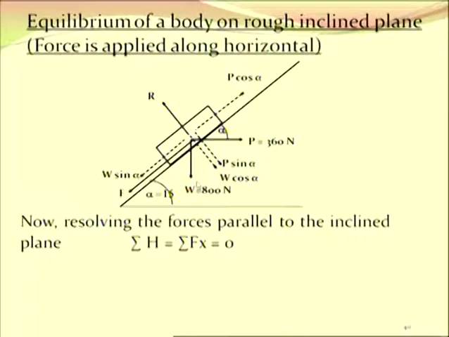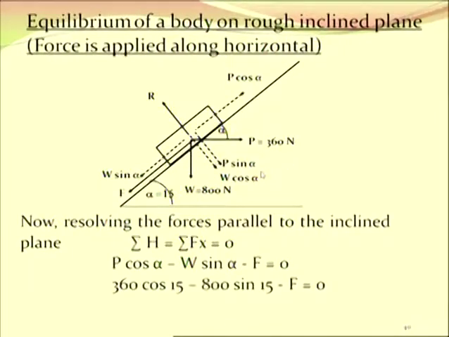Now resolving the forces parallel to the inclined plane. So parallel to the inclined plane we have P cos alpha, W sin alpha, and F, among which P cos alpha is towards the positive direction of X, W sin alpha and F both are toward the negative direction of X. So we can get the equation as P cos alpha minus W sin alpha minus F, that equals to 0.